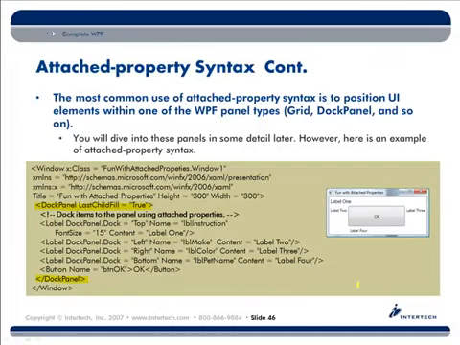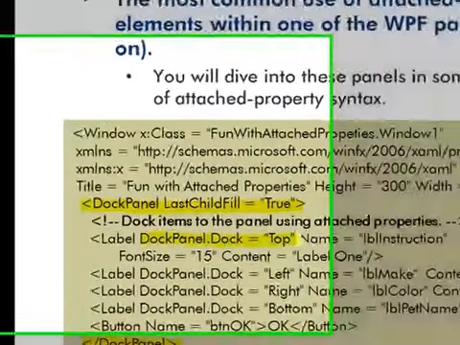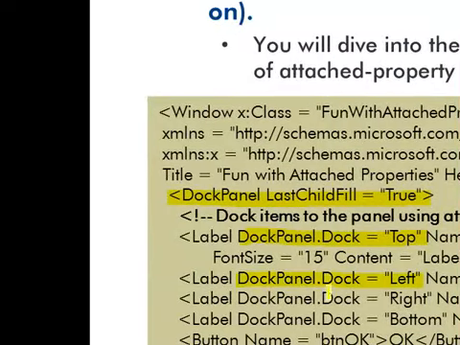I've got a couple of different labels, and I've got a button control. So notice here how all my labels are telling the parent where to dock them, right? So I'm just doing your basic top, left, bottom, right.